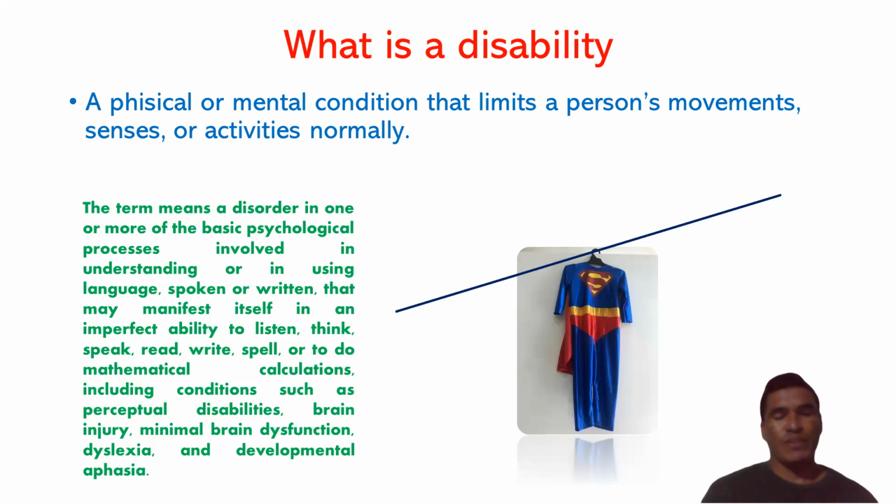In a specific way, with children with learning disabilities, the term means a disorder in one or more of the basic psychological processes involved in understanding or using language, spoken or written, that may manifest itself in an imperfect ability to listen, think, speak, read, write, spell, or do mathematical calculation, including conditions such as perceptual disabilities, brain injury, minimal brain dysfunction, dyslexia, and developmental aphasia.